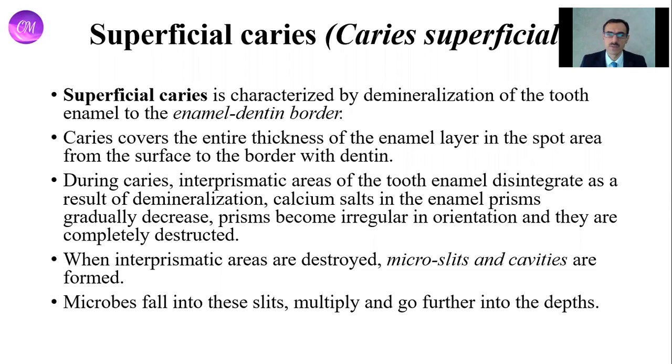Calcium salts in the enamel prisms gradually decrease. Prisms become irregular in orientation and they are completely destructed. When the interprismatic areas are destroyed, microslits and cavities are formed. So the microbes fall into these slits, multiply, and go further into the depth.